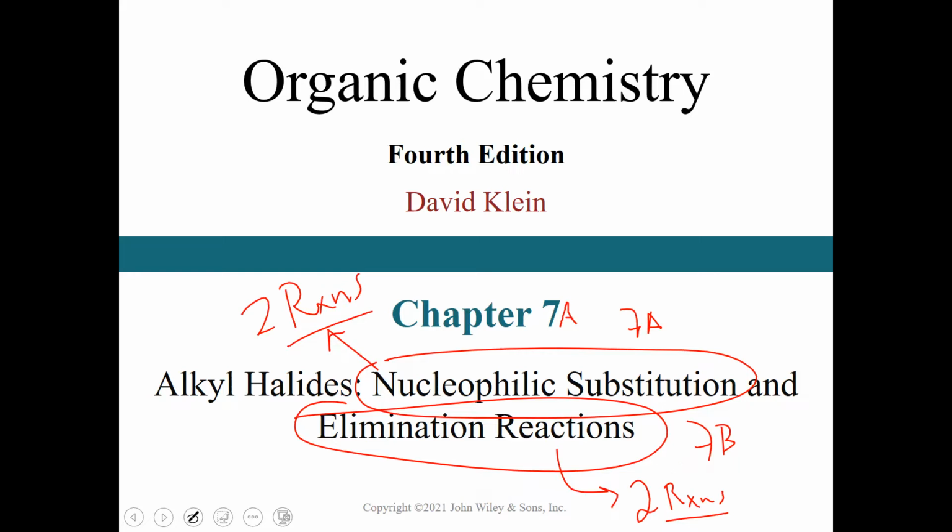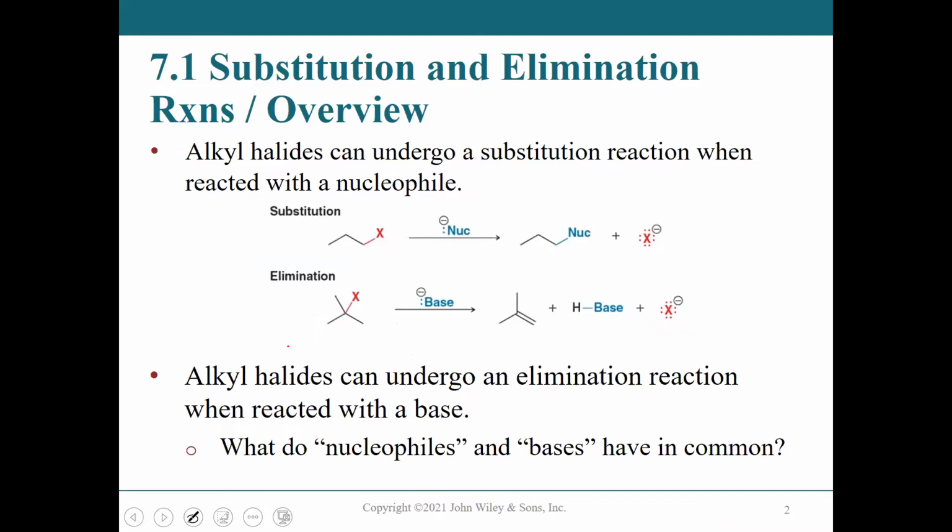In my questions, either the quiz, the exam or the final exam, it will be clearly stated: please determine the substitution product, or determine the elimination product. It will be very clearly stated because there is a competition between these two, as we will see later. So chapter 7A is nucleophilic substitution, and 7B is going to be elimination reactions. But for now, we will only do substitution reactions.